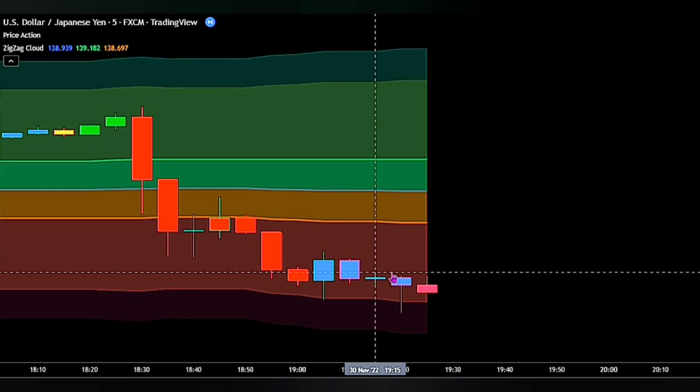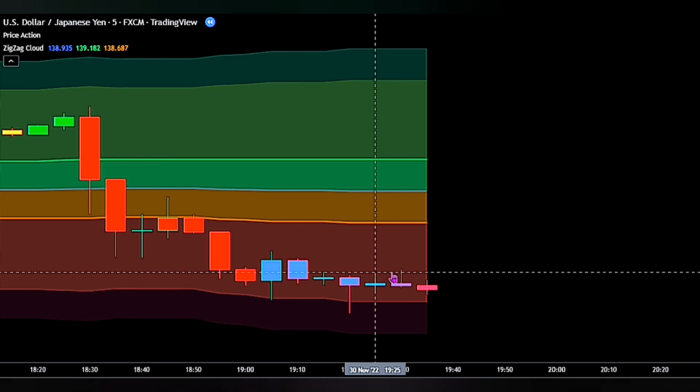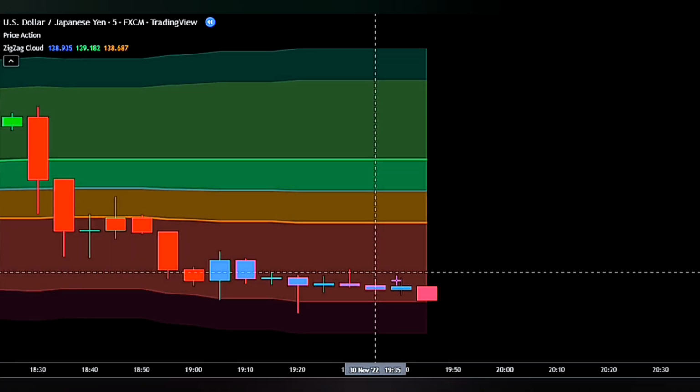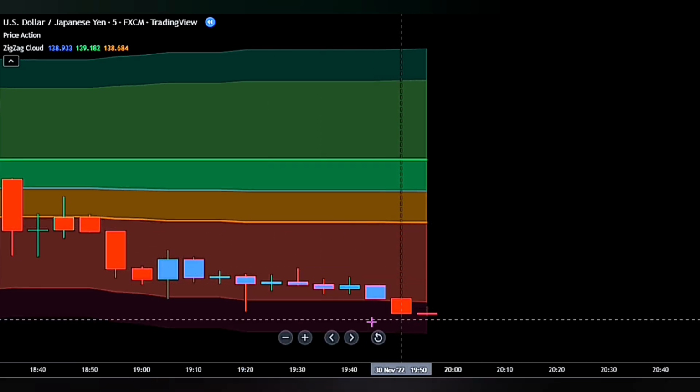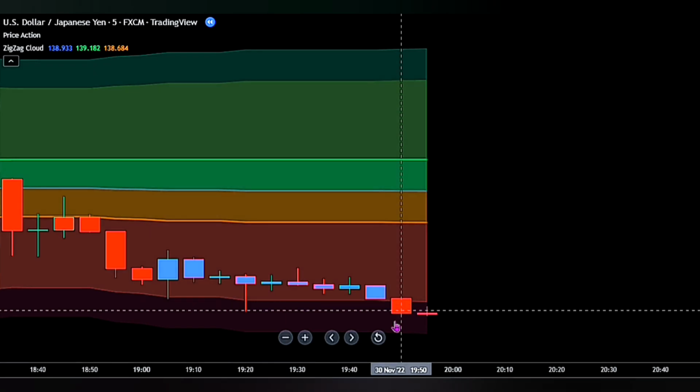Our next red candlestick would be our trigger candlestick, as long as price action remains below the lower band line without closing above it. So we see we got our red candlestick at this point.